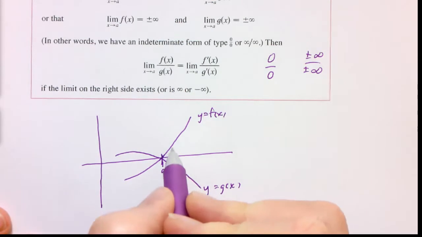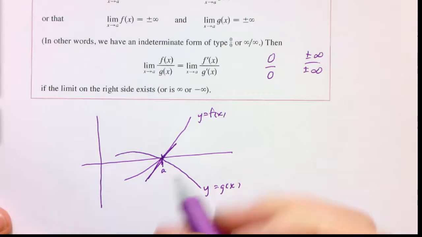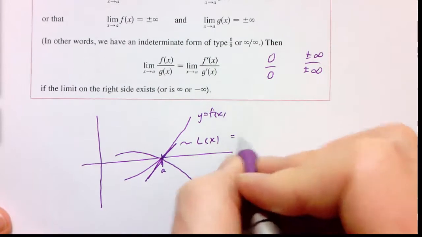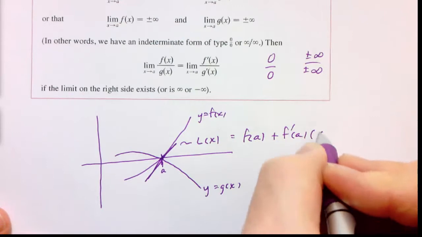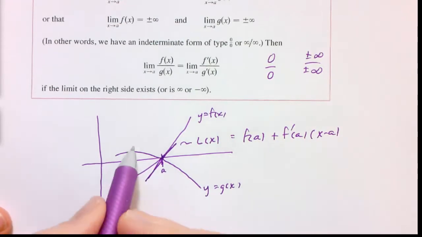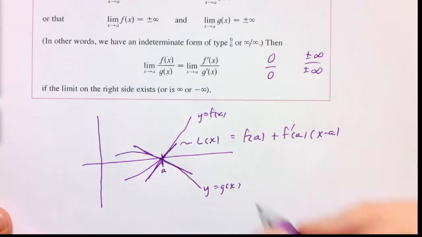Well, what we're going to do here is linearize. So if I linearize f, I get a function of the form f of a plus f prime at a times x minus a. What's really important here is at what rate do these functions go to 0? And that's determined by the derivative.